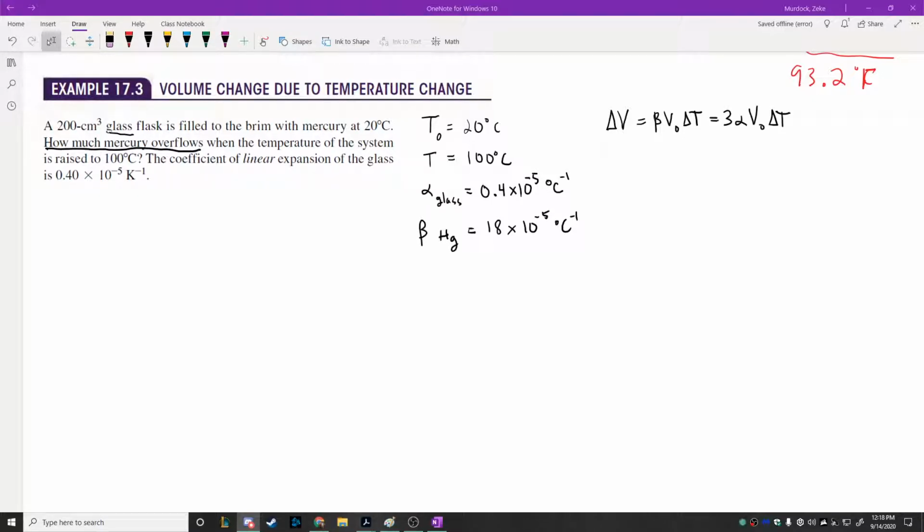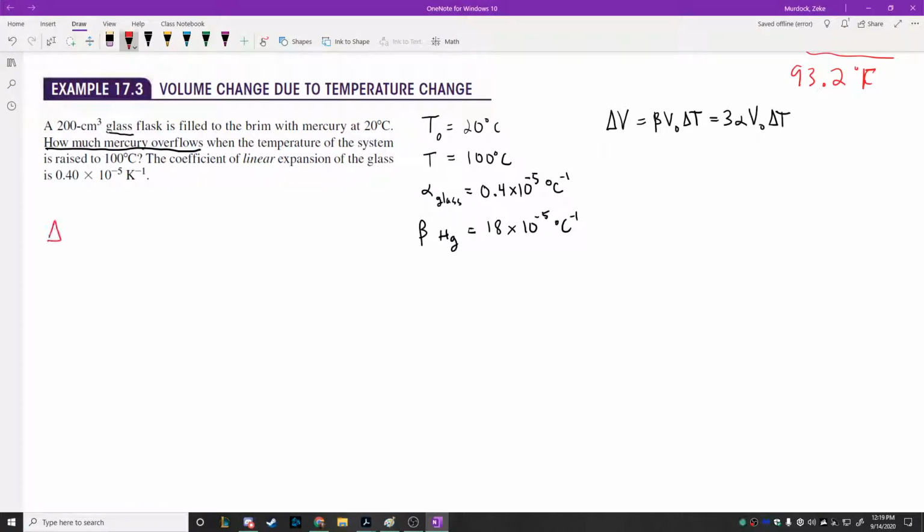All right, so you found how much the glass and the mercury would expand, and then subtracted their volumes to find how much mercury would overflow. That sounds right. Kenny's saying he got a math error. That's understandable. But you did the same thing. Okay, so you're in agreement that that's what we need to do. So we need to figure out how much each expands and then find the difference, and that should do it, right?